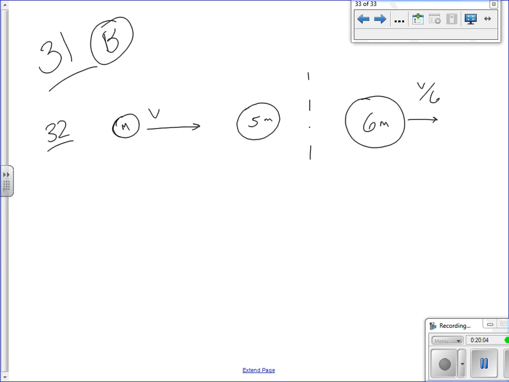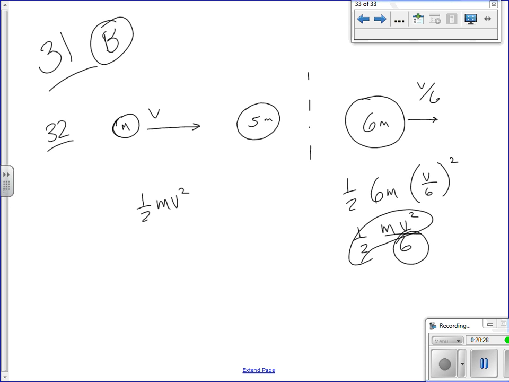Okay? Ratio of initial kinetic energy to final kinetic energy. Well, that simplifies to mv squared over 6. Look, the only difference is this one's divided by 6. Ratio is 6 to 1.